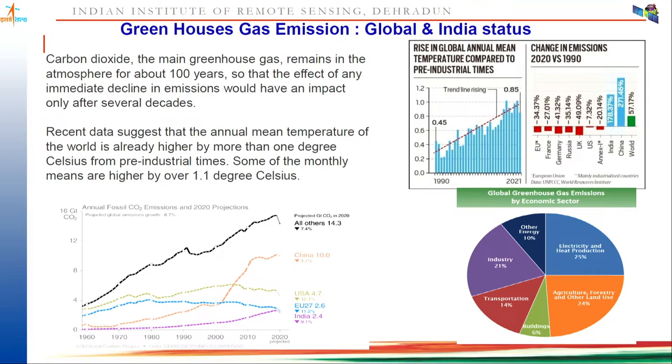So overall, we are not polluting as much as other developed countries, but at the same time, we have a large land mass and a large population. So we need to adopt a sustainable lifestyle to curb greenhouse gas emission, and also adopt climate resilient and green practices to curb the effect on farming and agriculture.